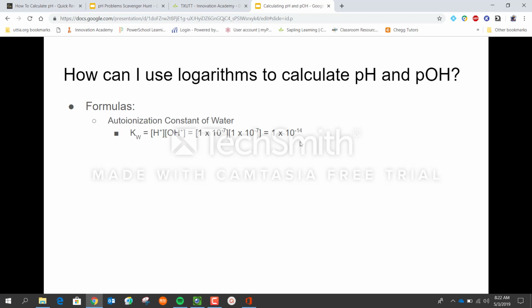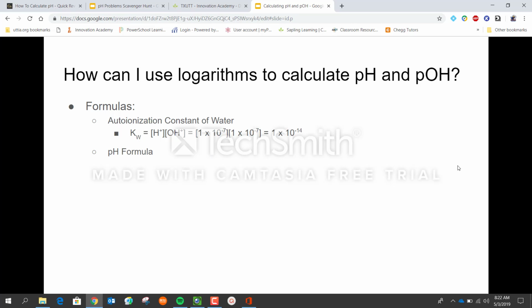That's the autoionization constant of water. All you need to remember is that that's the number for water, and you need to remember the formula. Kw equals the molarity of hydrogen ions times the molarity of hydroxide ions. And that way you can use this to solve for an unknown.